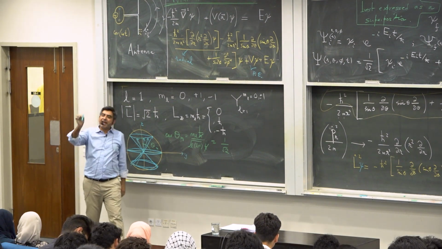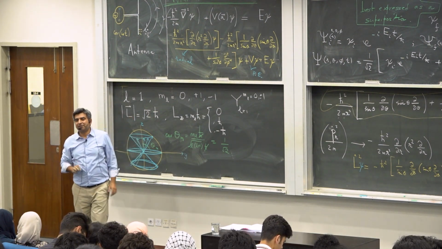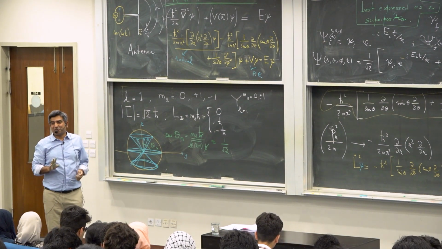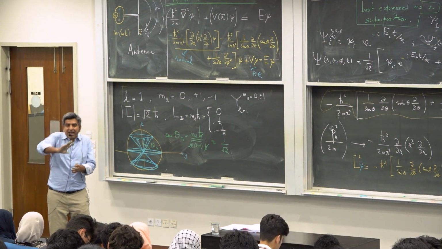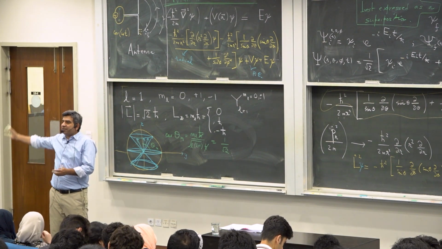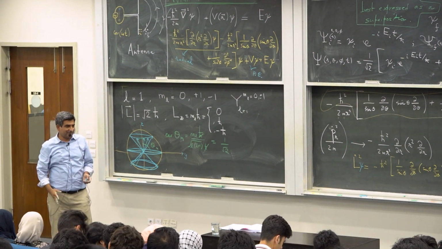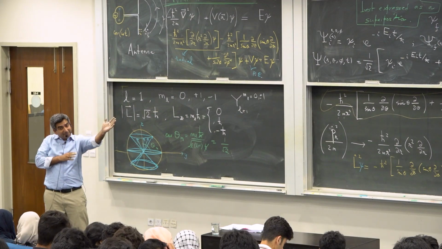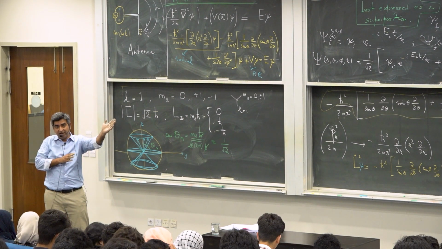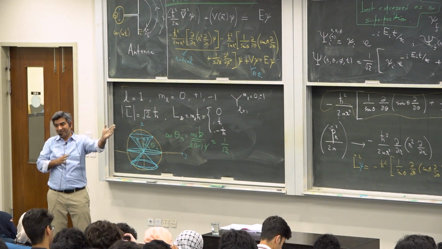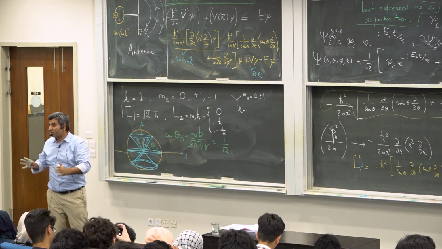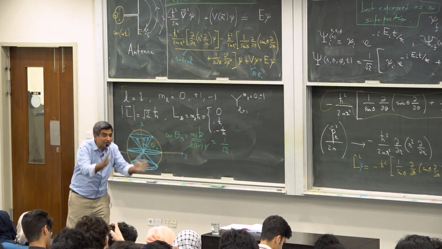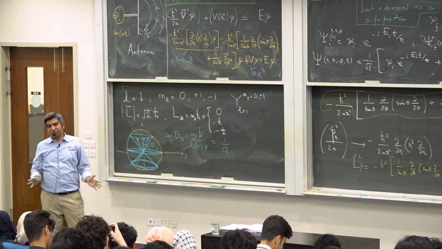So not only is the energy quantized, the angular momentum of the electron is also quantized. The angular momentum cannot point in an arbitrary direction. It has to be of fixed length, depending upon the value of L, and fixed orientation. Space also becomes quantized. All directions are not the same for the electron.